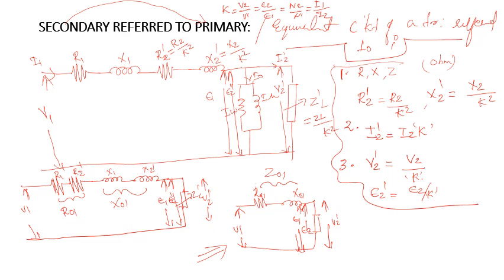This will give you the overall performance of the circuit referred to the primary side. Okay, so here we will convert all the components of the primary side referred to the secondary side.